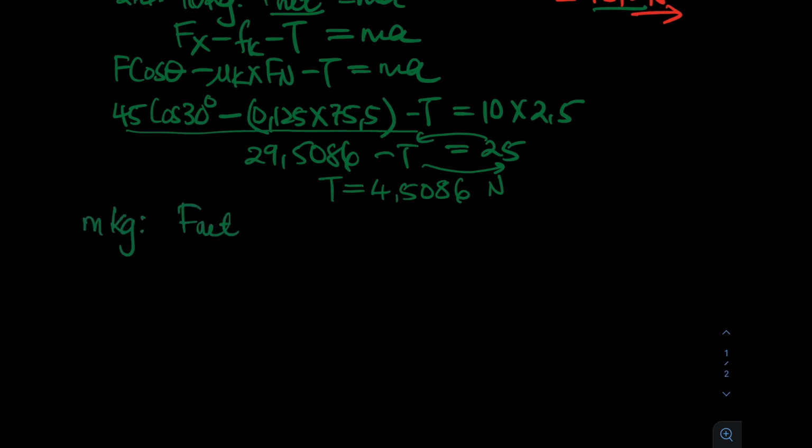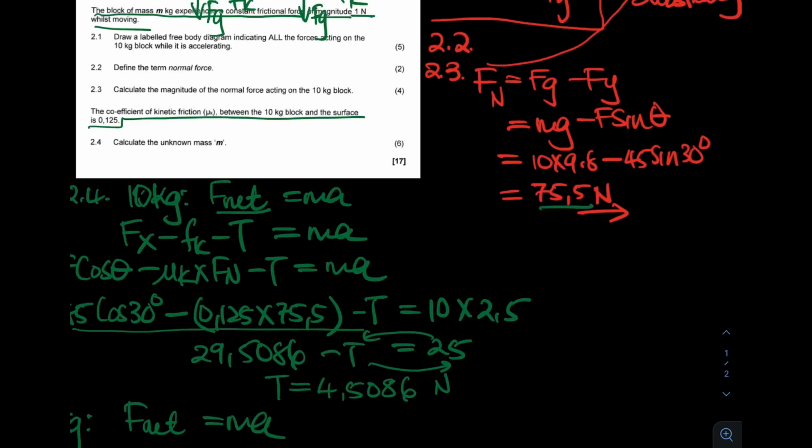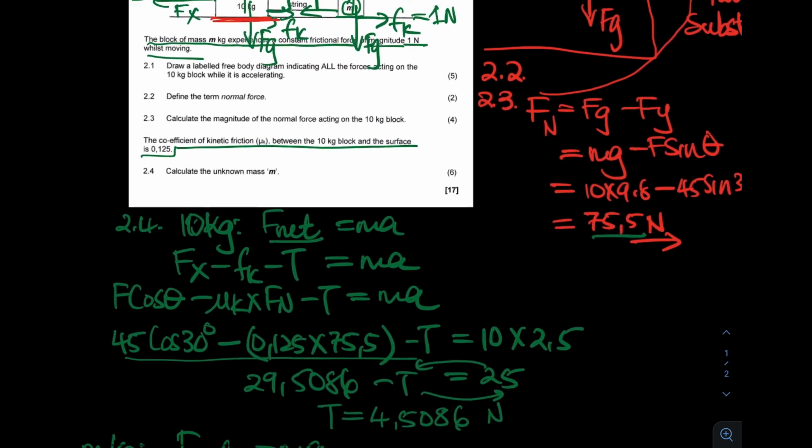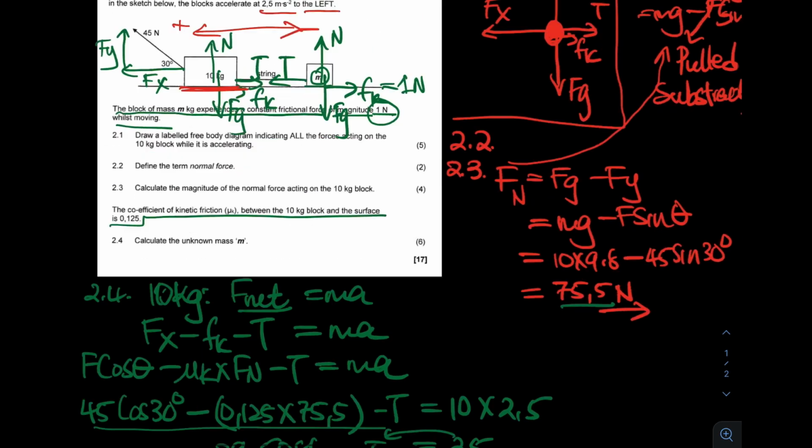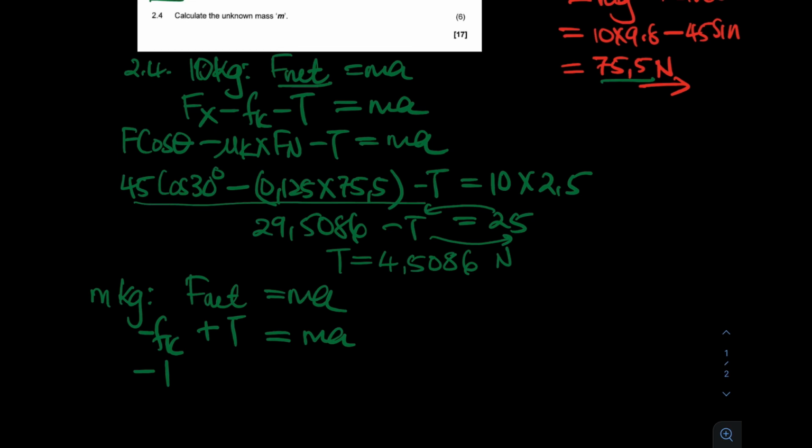For the m kg, I'll say F net is equal to ma, and then I'll look at the forces acting there. We have a frictional force going to the right, that will be negative. And what else do we have? The tension force going to the left, that is positive. Remember, the system is going to the left, and we chose left as positive. We were told the Fk for the m kg is 1. It will be negative 1 plus T is equal to m, which we don't know, times the acceleration of 2.5.